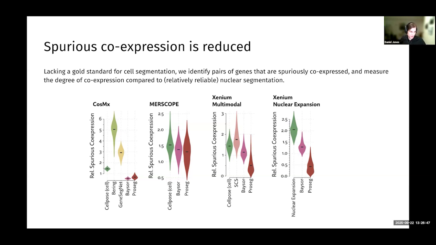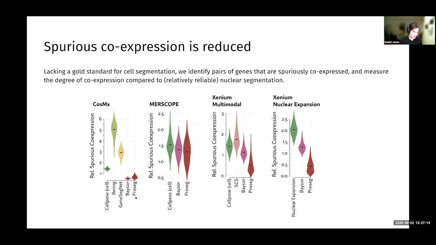I've tried to get at this with the spurious coexpression metric that I came up with, which is basically taking pairs of genes that we think ought not to be co-expressed, and then measuring their rate of co-expression. You can see I've done some comparisons here. The method we came up with is called Proseg, which is short for probabilistic segmentation.